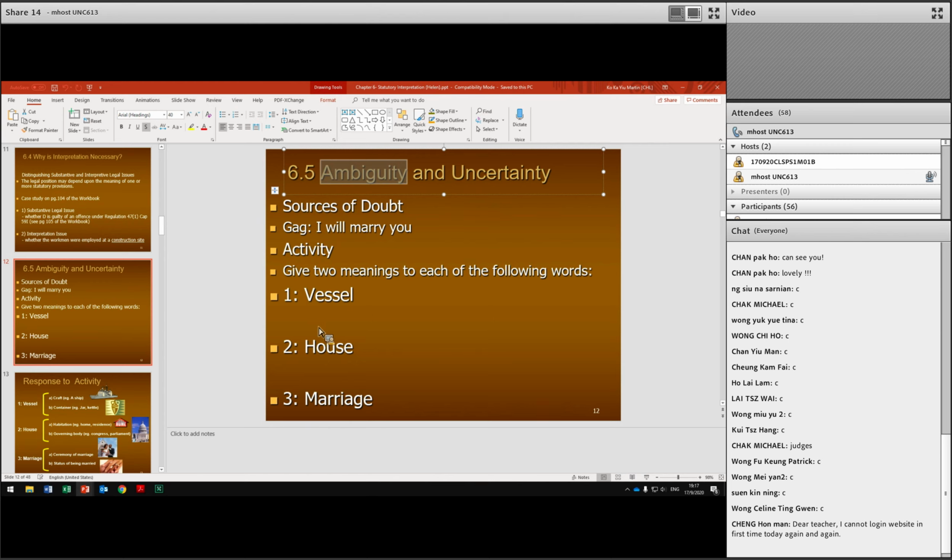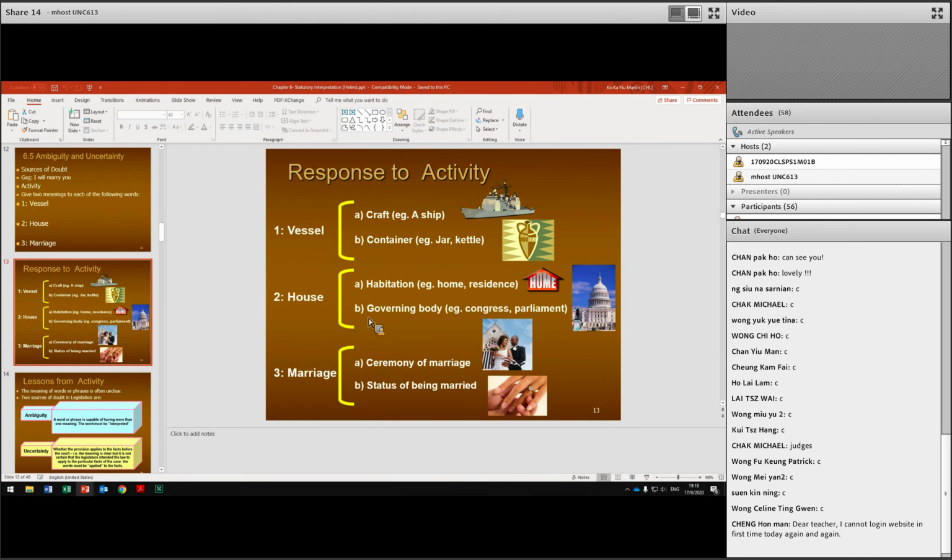We'll do the activity first, and then we go to the gag. I will marry you. First of all, for vessel, for house, for marriage, sometimes we may not know which meaning you are talking about. Vessel may mean a craft or a container. House means the home we live in.